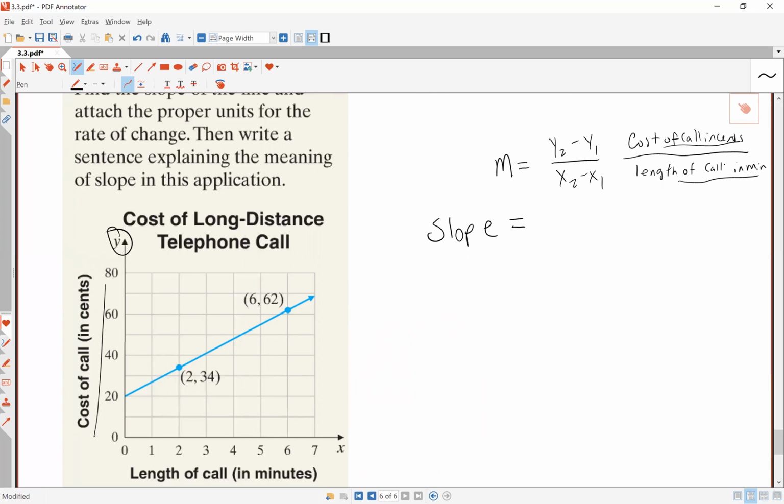So if we find the slope of this line, we have the points (6, 62) and (2, 34). We'll call this y2 and this y1. So we have 62 minus 34, which is 28.